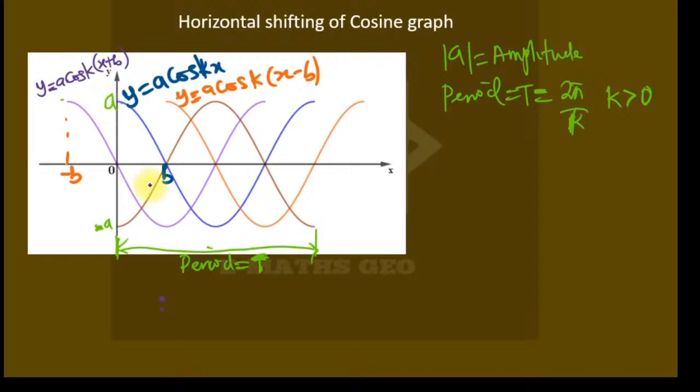And again, the period here, remember I told you the period is 2 pi over k, meaning that here will be 2 pi over k plus b, since I shifted b units. If I shift to the left, the point of intersection here will be 2 pi over k minus b.